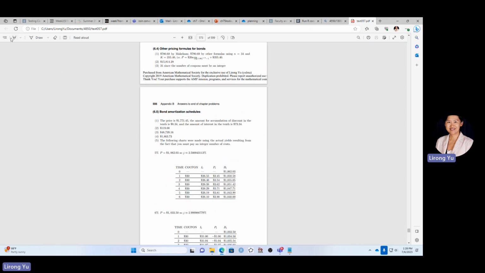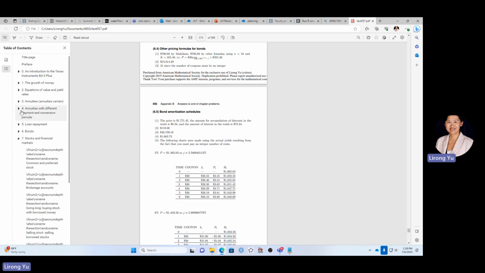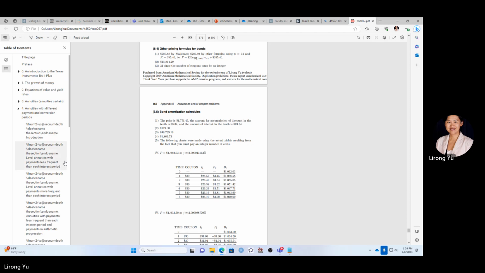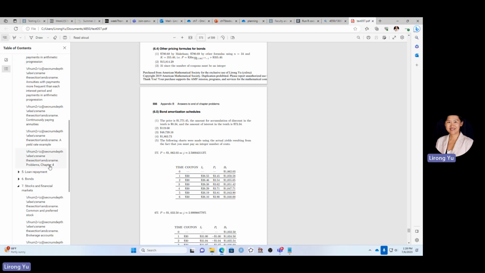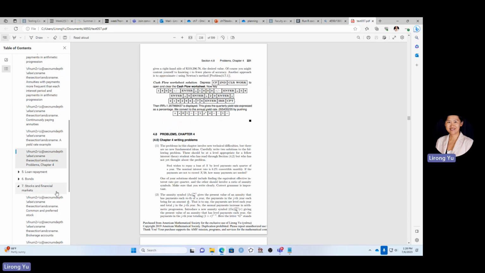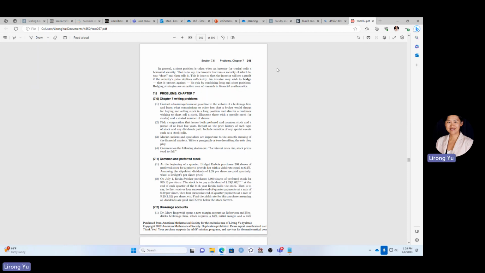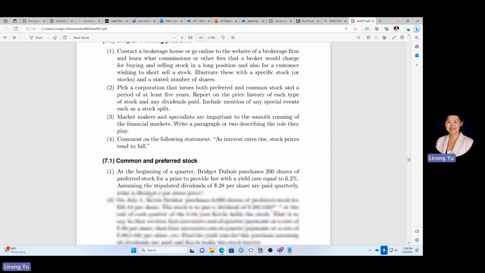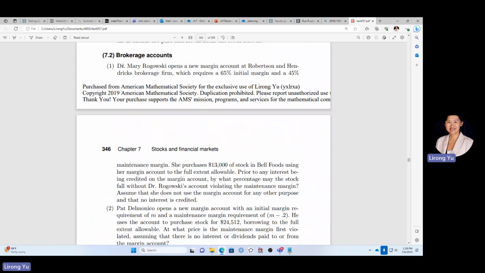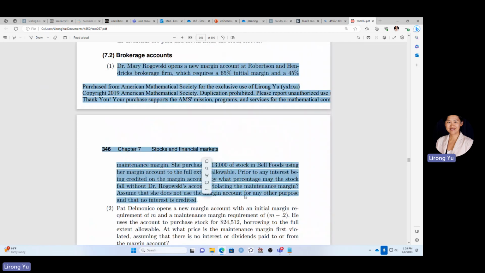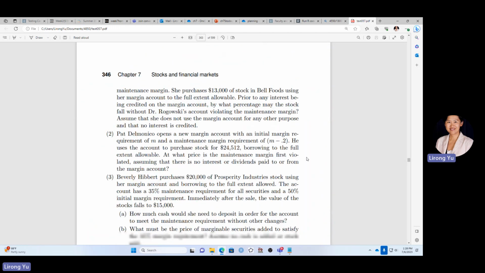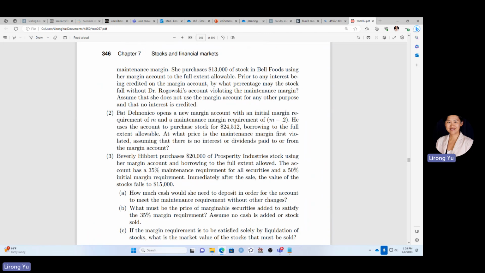I was looking at the solution just to compare. This is the assignment, chapter 7. Okay, so here's the assignment. The first one in 7.2 was assigned as homework. I'll let you try that. The second one, I'll just use as an example to illustrate the idea of a margin account.